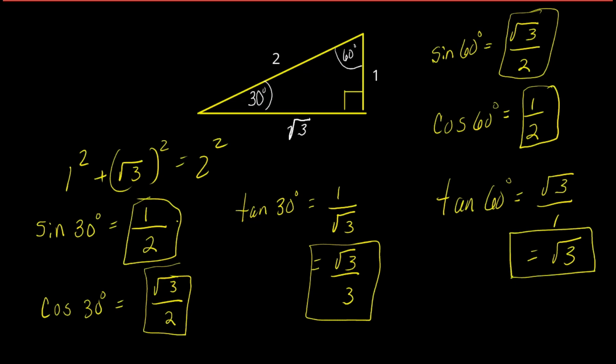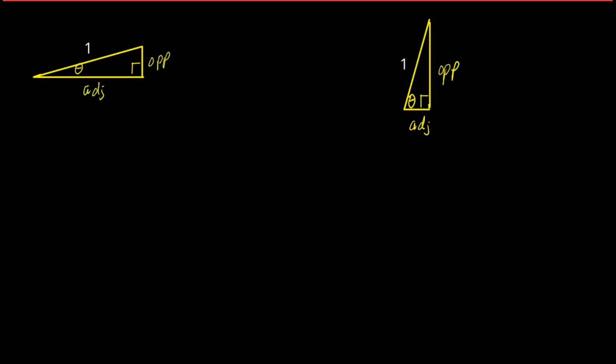So that gives us our 45-45 and our 30-60 triangles. The trick to evaluating the trig functions at 0 is to visualize a small angle theta and apply the limit that theta approaches 0. So as theta approaches 0, this side gets shorter and shorter.